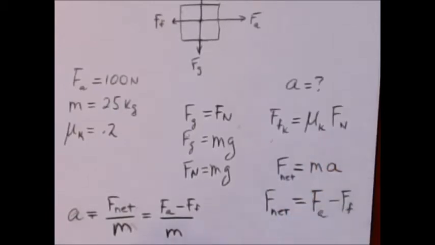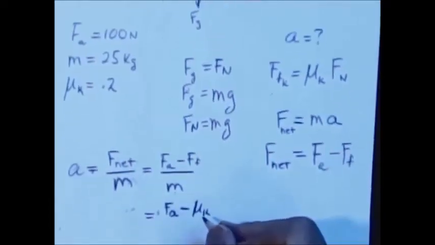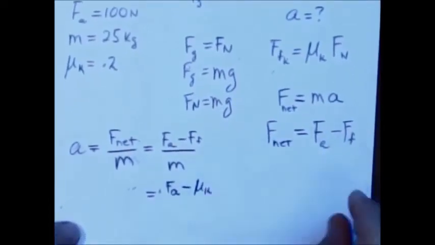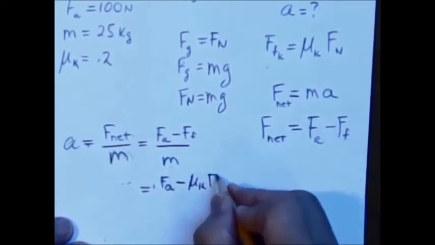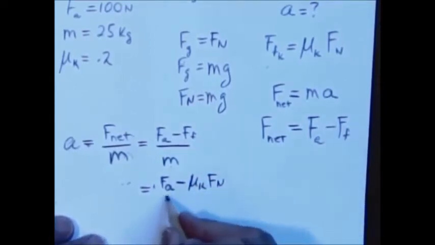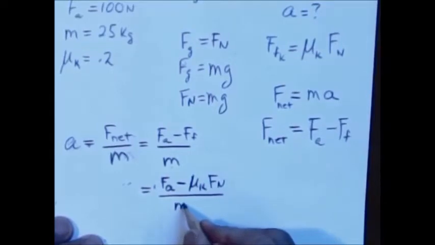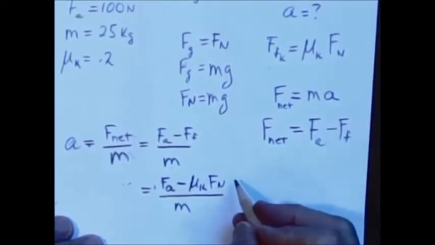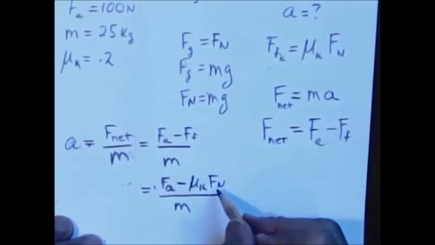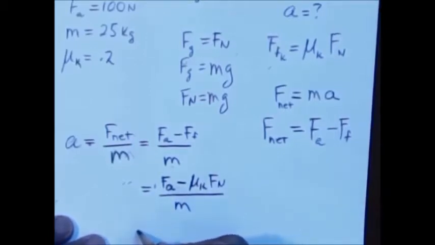mu Fn. So it's FA minus mu sub k Fn, all over M. Okay, now what is Fn? Goodness gracious.